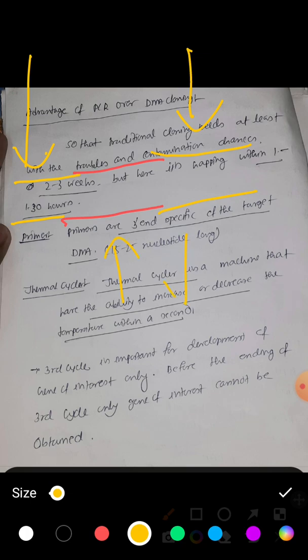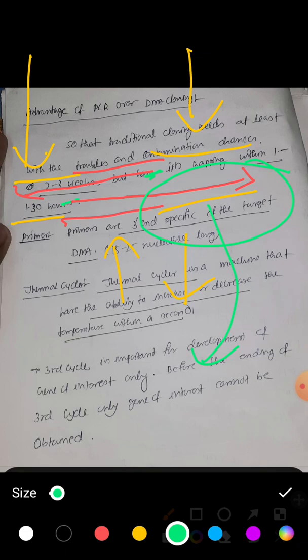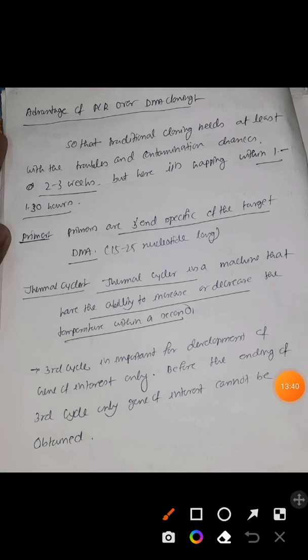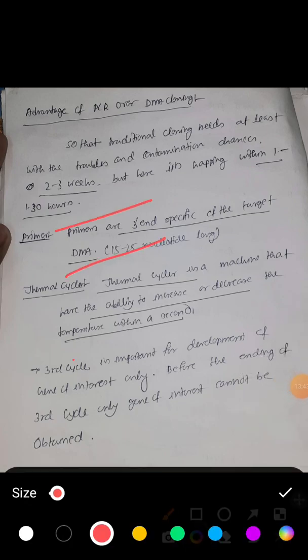Now you melt it, which is the first step of PCR, and you generate primers specifically at the 3' end, on both sides. So DNA polymerase will extend just like that. As you can see, along with the amplified gene of interest, some unwanted material is also present. After the completion of the third cycle, you will have a purified amplified version of the gene of interest. That means you will have this kind of product after the end of the third cycle.